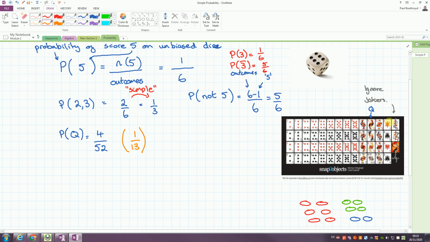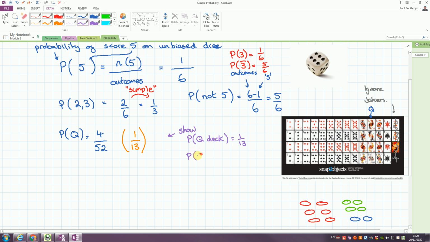Because each suit is the same, some people look at it as 1 queen in 13. That doesn't necessarily say the probability of getting a queen from a deck of cards, but what it does show is that the probability of a queen from a deck is 4 out of 52, which is 1 out of 13, the simplified form of that fraction.